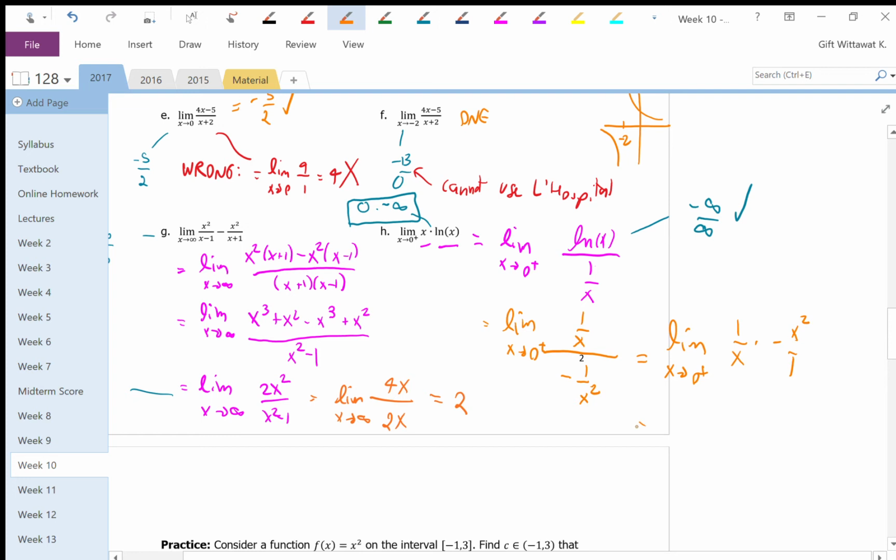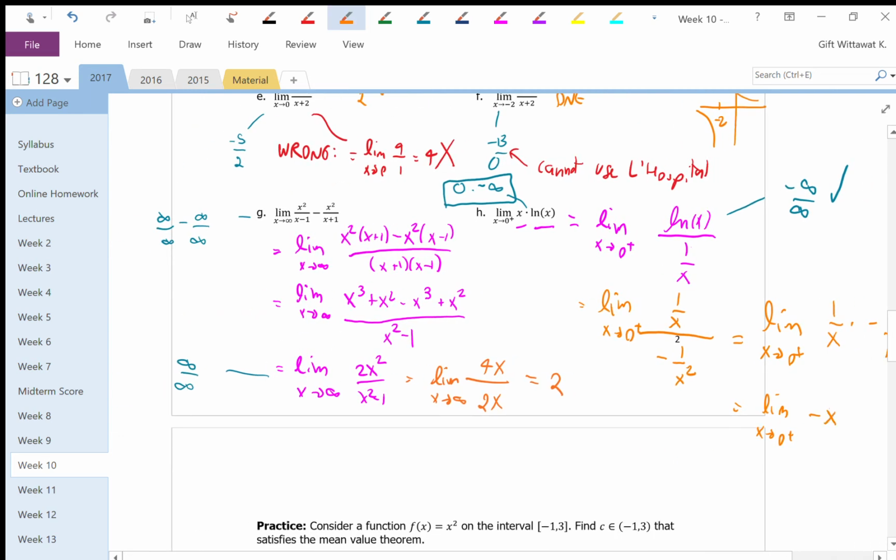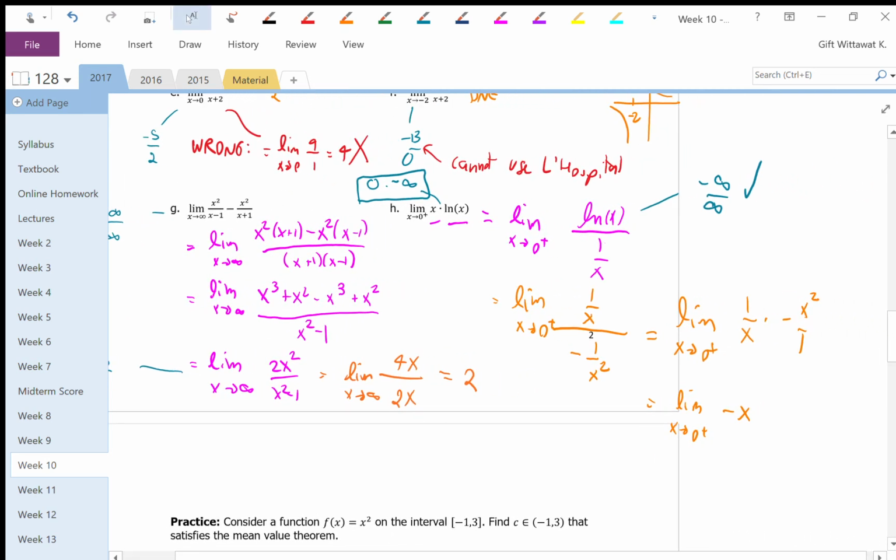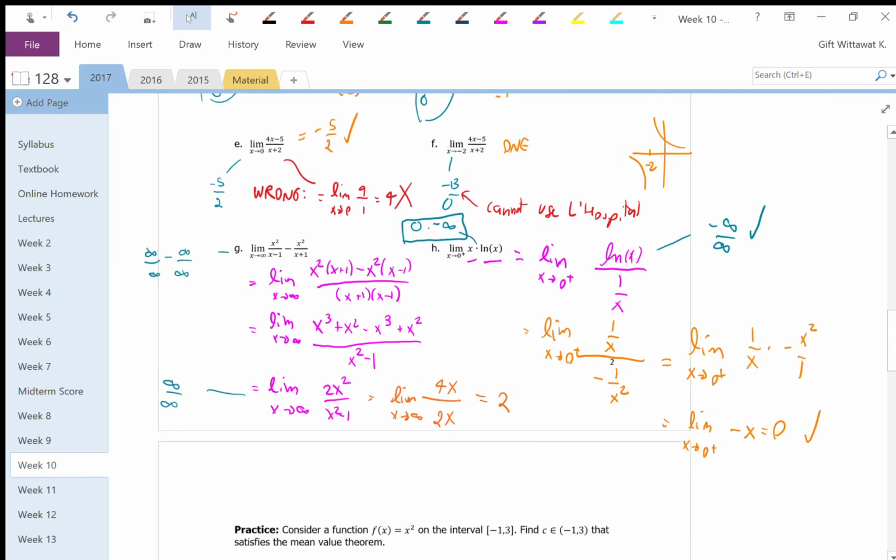So this guy is going to be the same as the limit when x goes to 0 from the right of negative x. Well, when x goes to 0, negative x is just going to be negative 0, which is 0. So that's my final answer there.